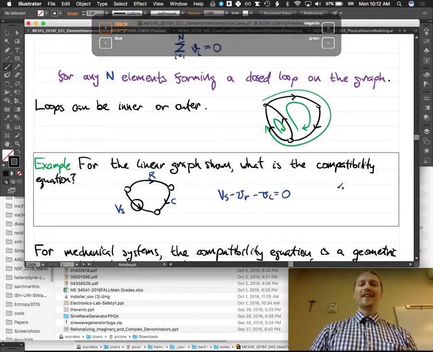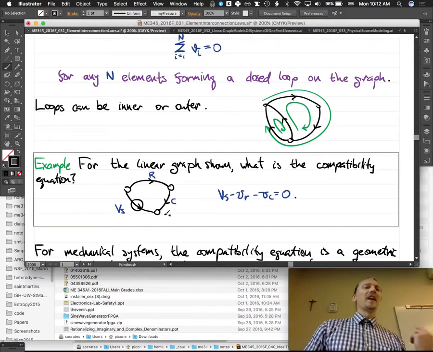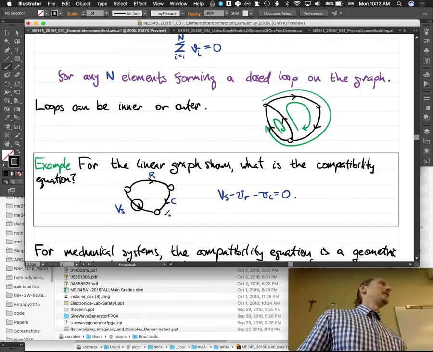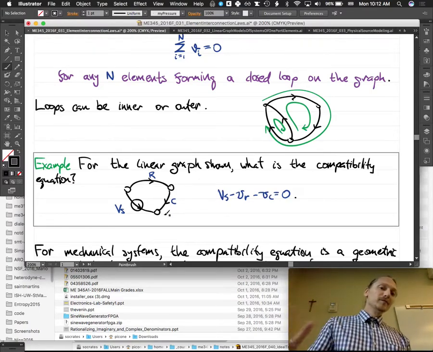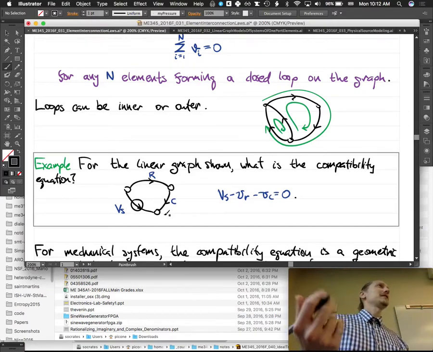Boom. So this is a linear graph of a circuit, right? So like we're really familiar with writing this equation, but we could do this with any linear graph. So we can include mechanical systems.